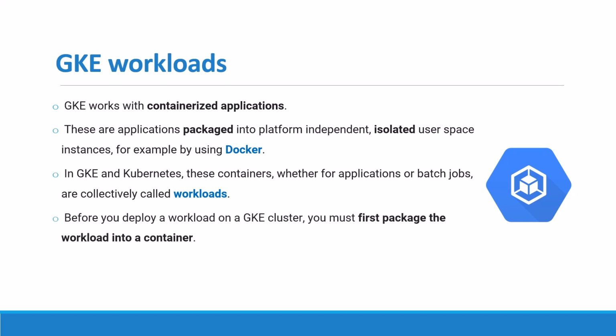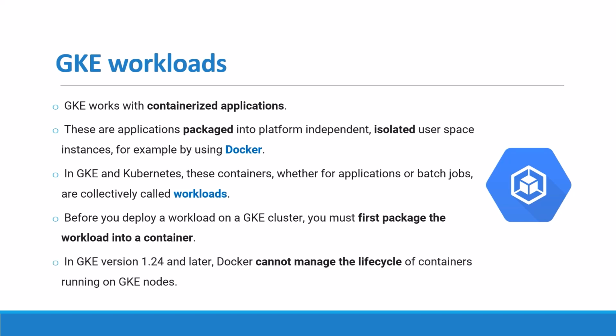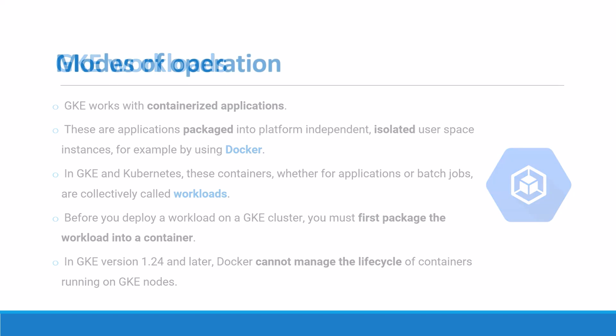Before you deploy a workload on a GKE cluster, you must first package the workload into a container. In GKE version 1.24 and later, Docker cannot manage the lifecycle of containers running on GKE nodes.